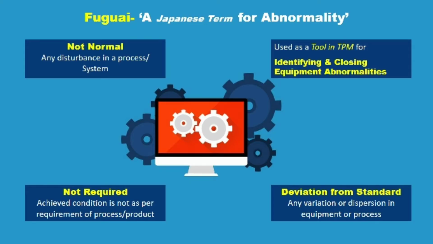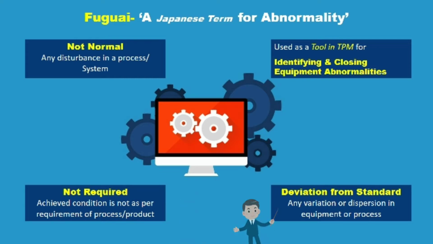The term Fuguai is a Japanese term for abnormality. It is any disturbance in the process which is not normal. It is an unneeded thing for any equipment which is required to be identified and rectified before leading to a major incident. Because in most conditions, the abnormality affects physical, functional, and safety aspects in an industrial setup, thus the achieved conditions are not as per requirement of the process or product.